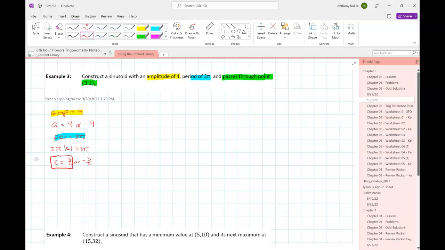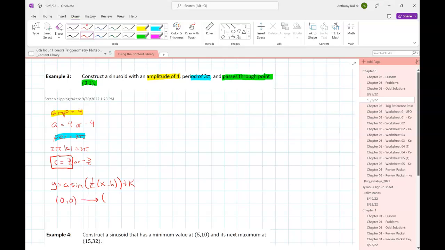All right. So we're going to fix the C to be positive just like we always do. Let's say we're doing sine. What point from the parent function do I want to use? (0, 0).